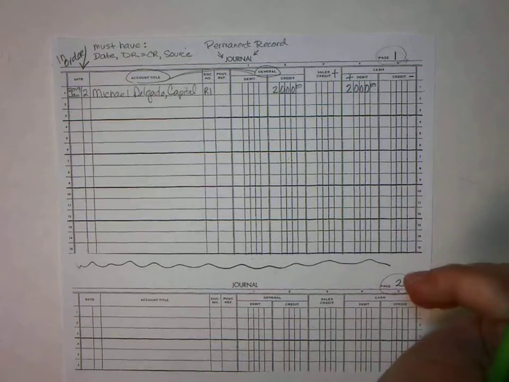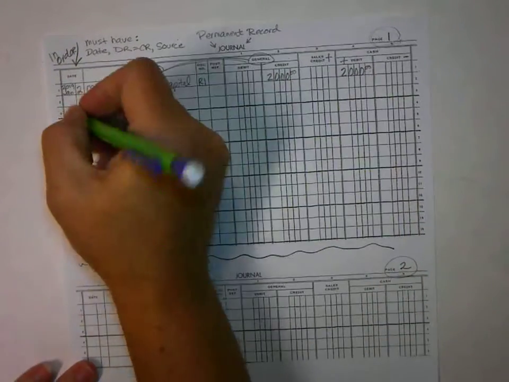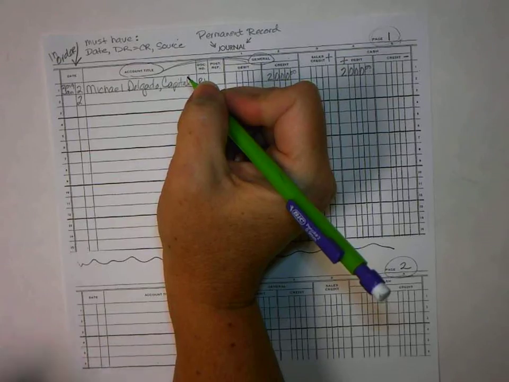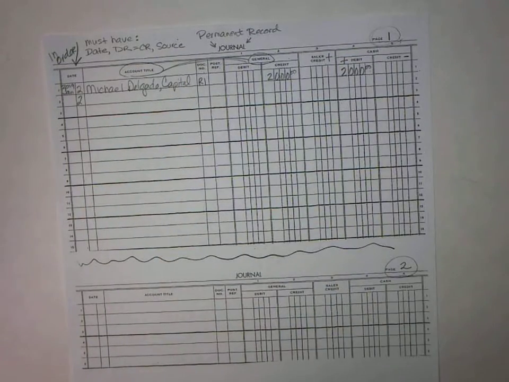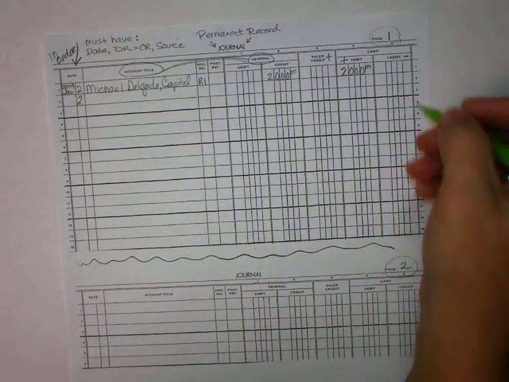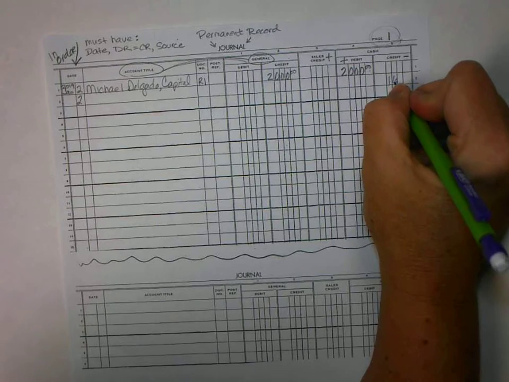Filling this in. Second one, January 2nd. Okay, so it's still in the second. We do need to put the 2 in there. Paid cash for supplies. So what two accounts? Cash and supplies. Paid cash, so cash is decreasing for 165.